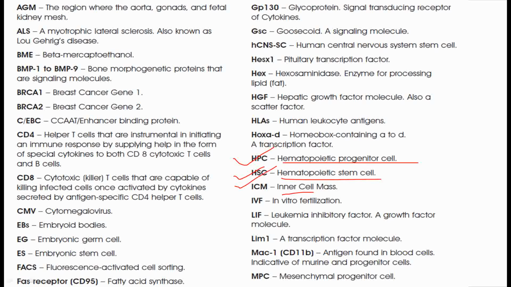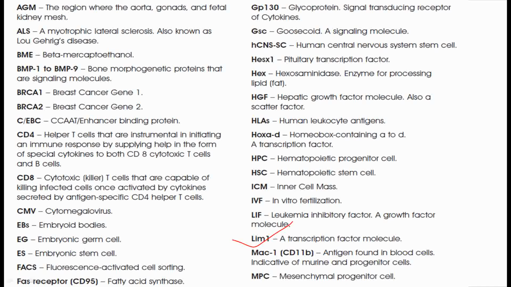ICM is inner cell mass. IVF, in vitro fertilization. LIF, leukemia inhibitory factor. This leukemia inhibitory factor is a growth factor and helps in the growth. Next term is LIM1.